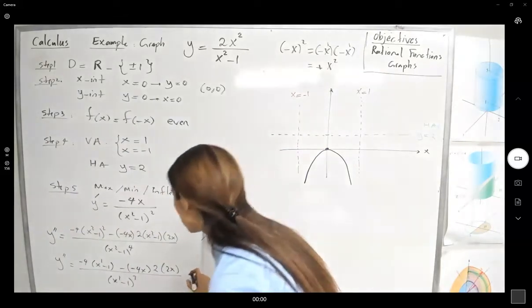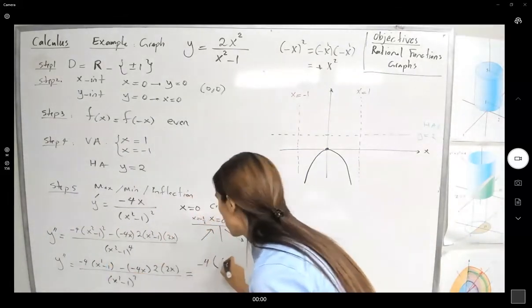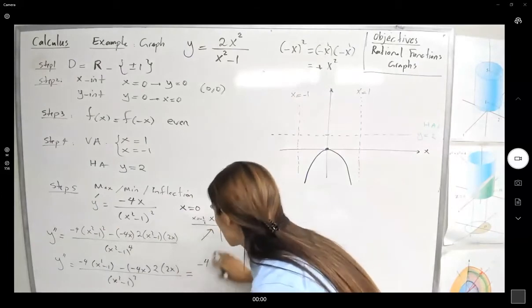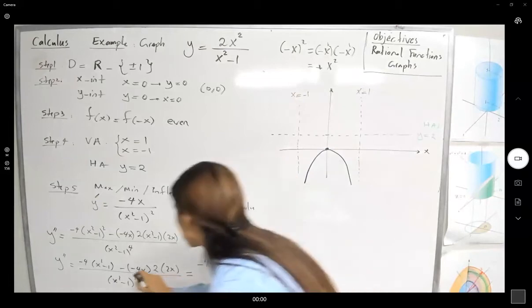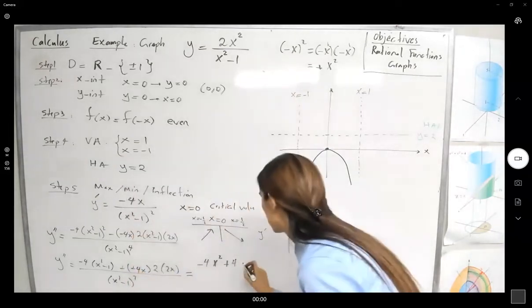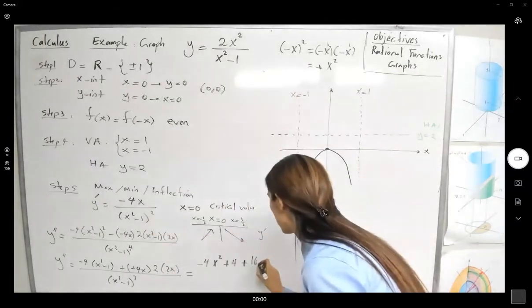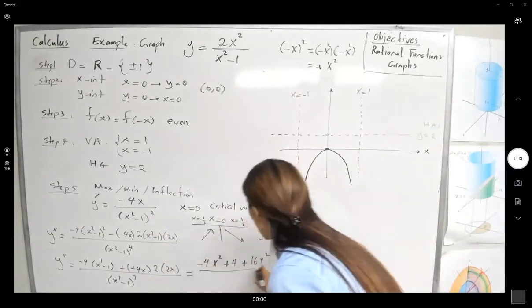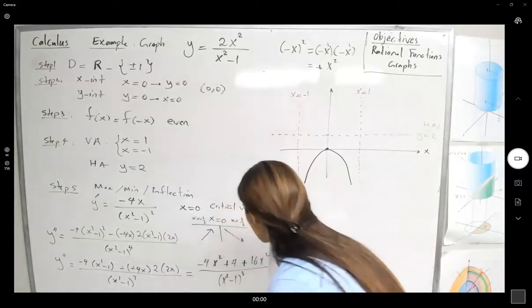Well, now let us write this in expanded form. We get -4 times x squared, so -4x squared plus 4, and here you have plus 16x squared, divided by (x squared minus 1) to the 3rd power.